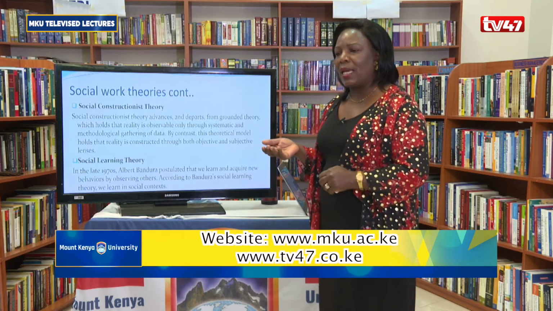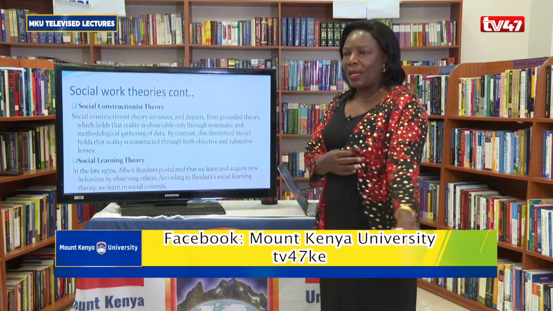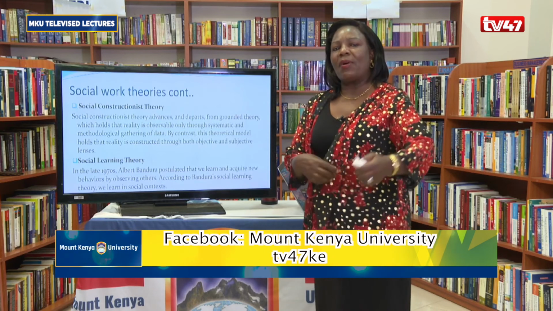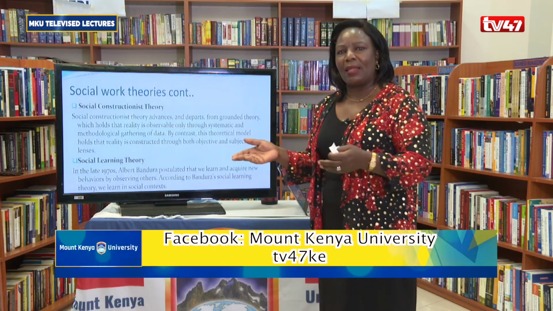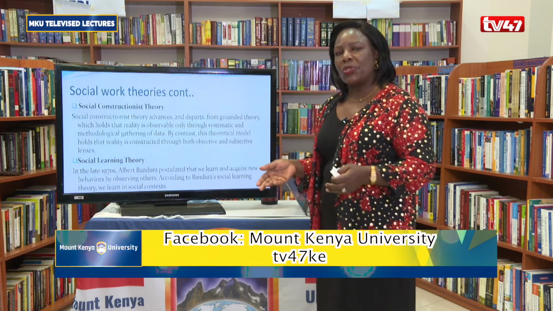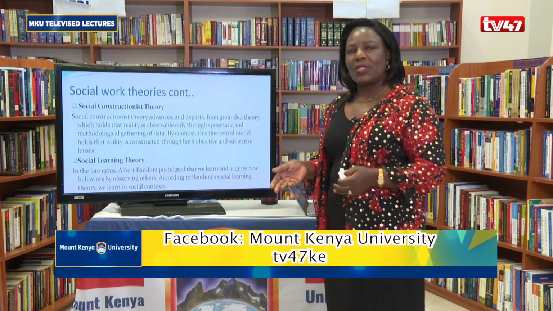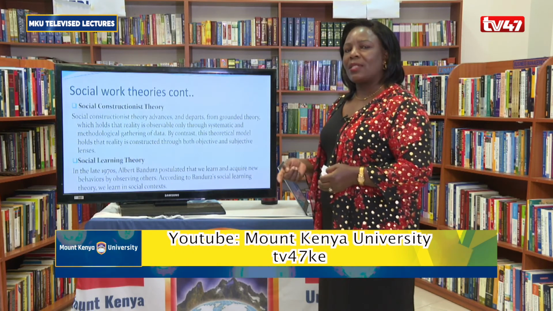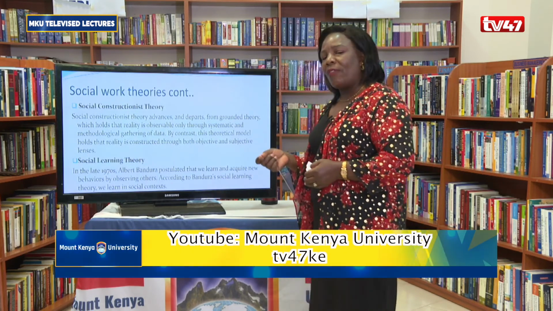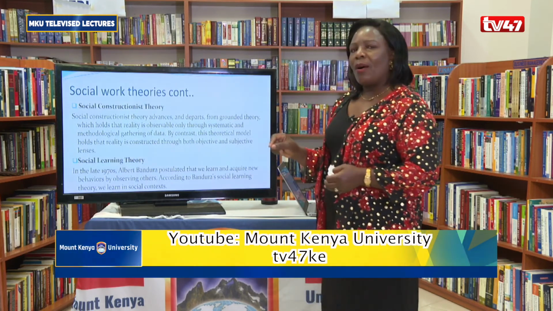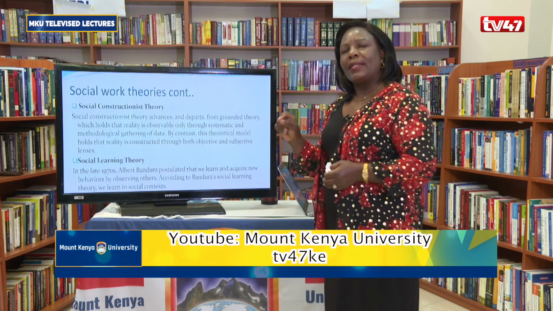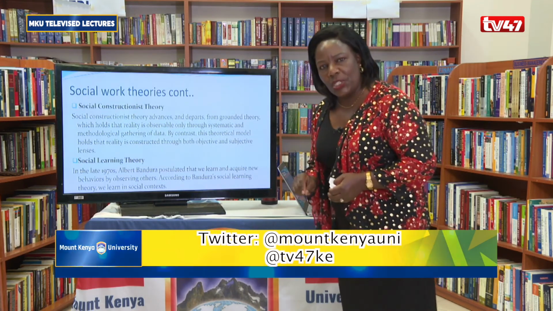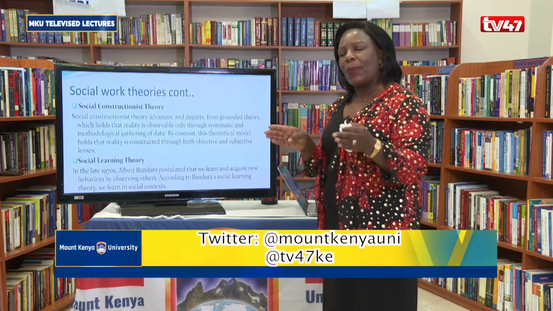They say that you will not take a human being to the lab, dissect them and see how they are thinking, and then patch them up again, and then the person starts walking. We are not going to do that. Definitely it will not be ethical. But as social scientists, we have a way of coming up with objective data, objective information, to actually say this is how people behave.